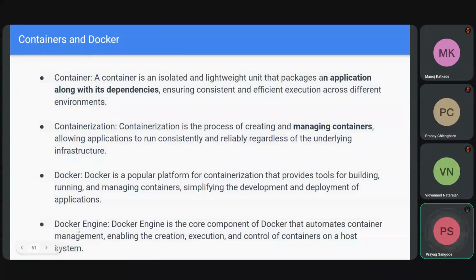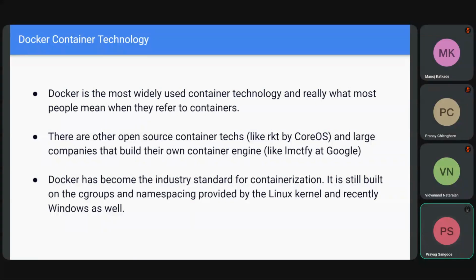It also has the Docker Engine, a core component of Docker, due to which we can automate and manage containers, meaning how the containers are managed on a particular host. Docker promoted it so well that instead of container, we also call the container Docker.